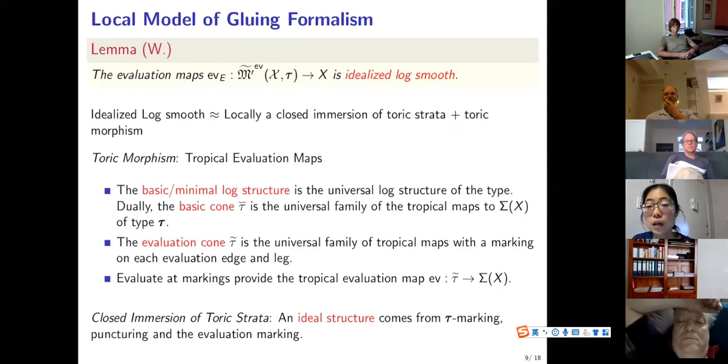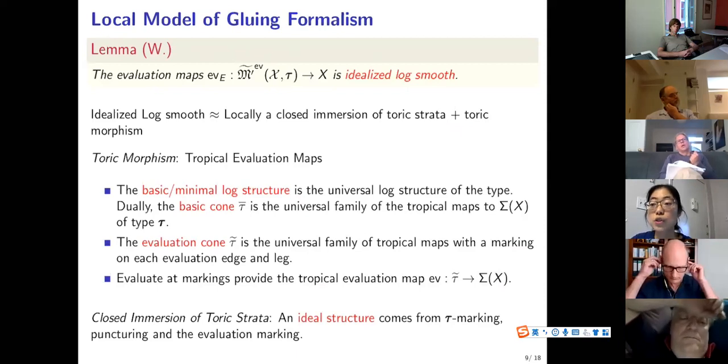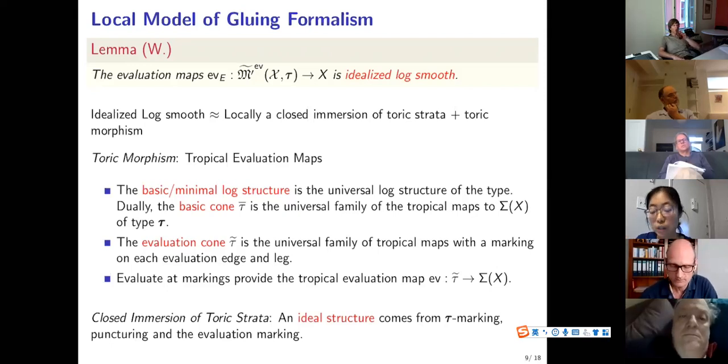First, as mentioned by Dan, we have a basic log structure on the moduli space, which is the universal log structure associated to this type. Dually, if we think tropically, the basic cone is the universal family of tropical maps to the tropicalization of X of this same type.